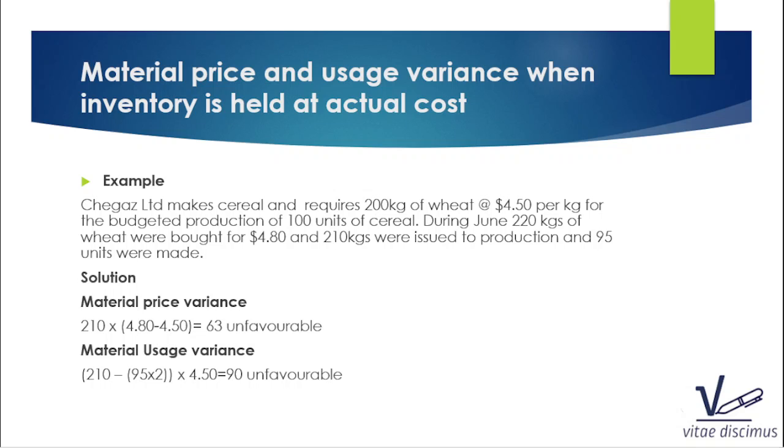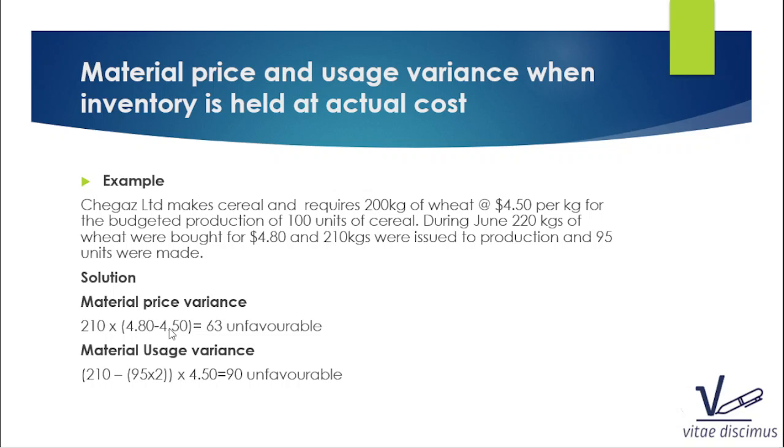With regards to our material price variance, we hold the actual quantity issued to production constant. Then the difference that we are looking at is the actual price versus the standard price, so our actual cost versus our standard cost.